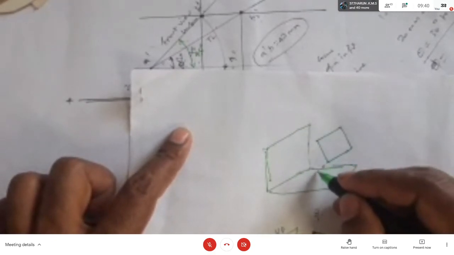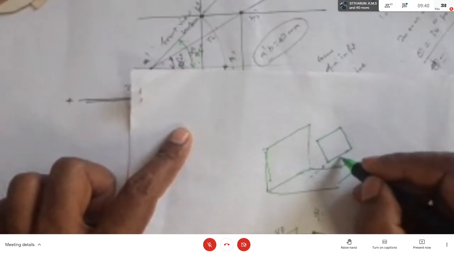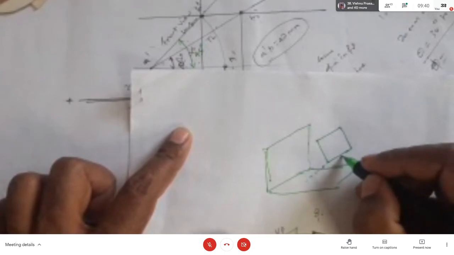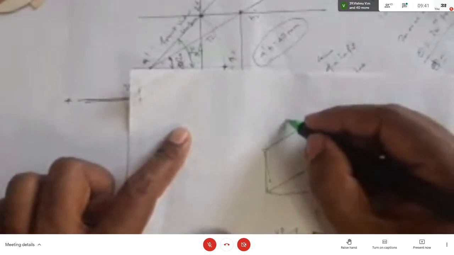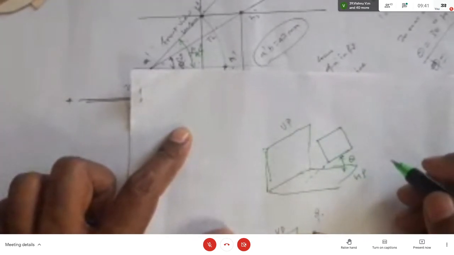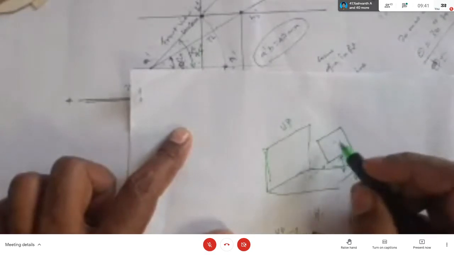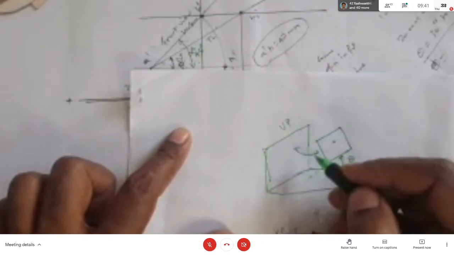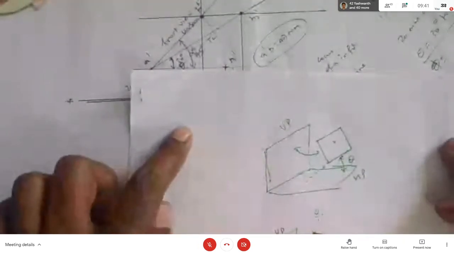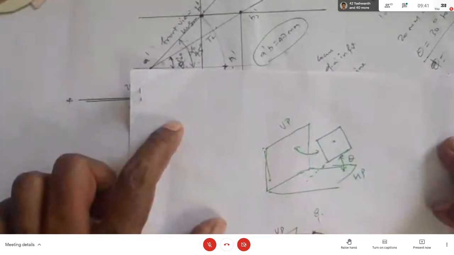If you take this, what about this base side? This is called the base side or edge. This is inclined, this angle is called theta, inclined to the horizontal plane. And this surface or lamina is inclined to VP. The surface is inclined to the vertical plane.